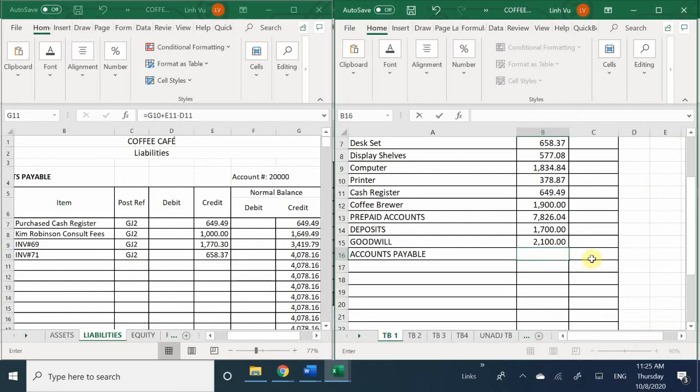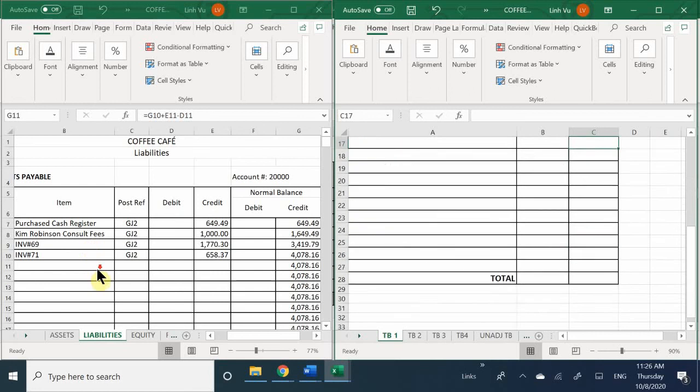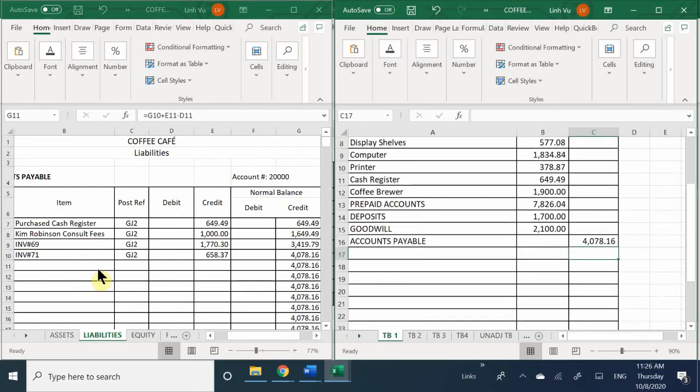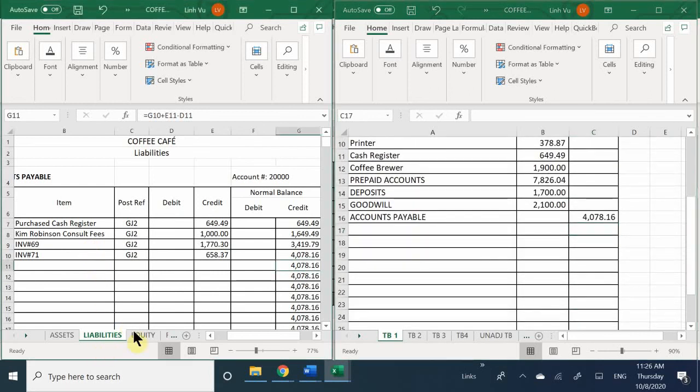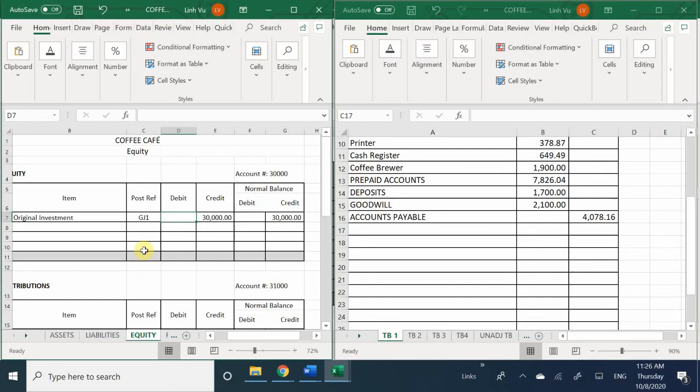You all saw me click it, right? Okay. 4078.16. Okay. So good. Like I said, we didn't incur any other loans so far, so you don't need to worry about that. Okay. So let's move on to equity.